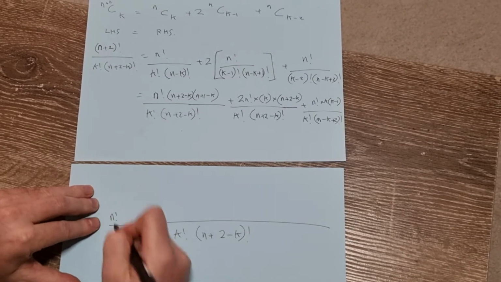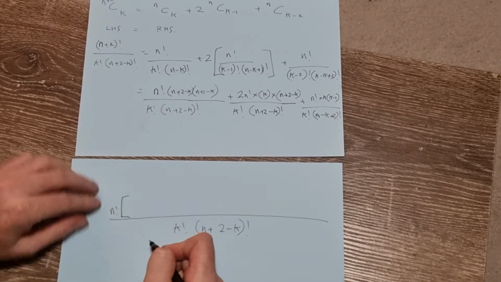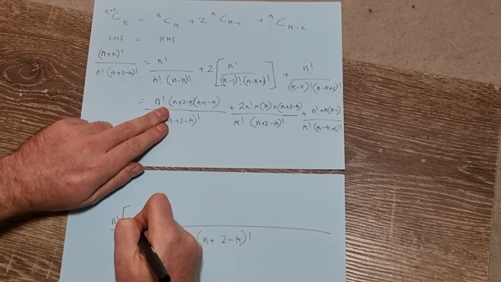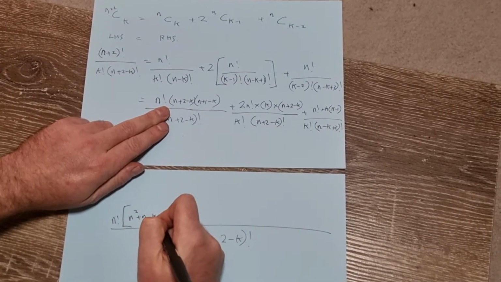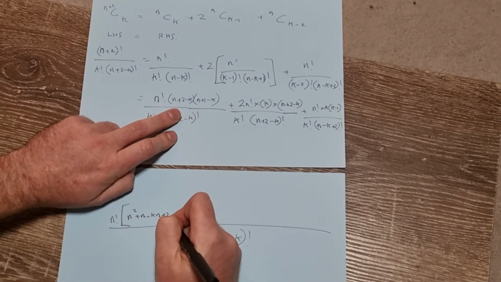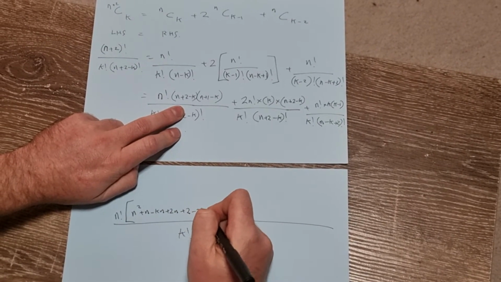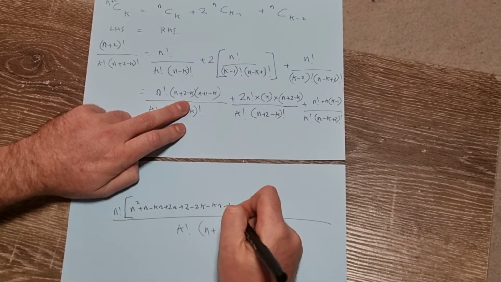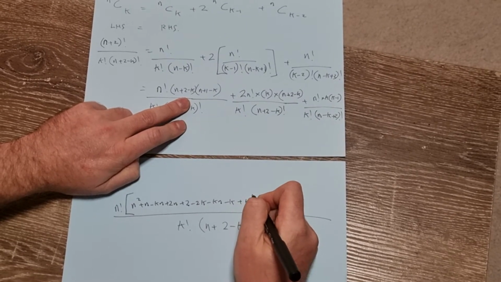We can factor an n factorial out. Let's open the bracket and we can expand. We've got n squared plus n minus kn, 2n plus 2 minus 2k. We've got minus kn minus k, positive k squared.